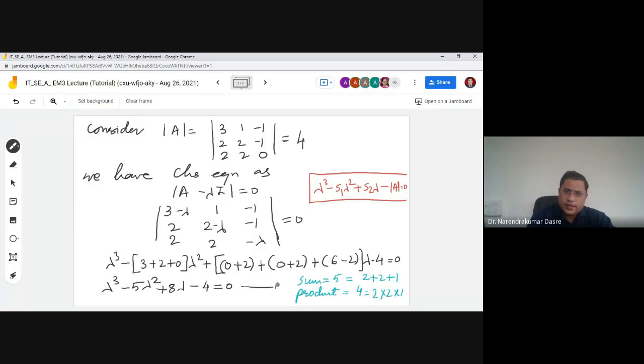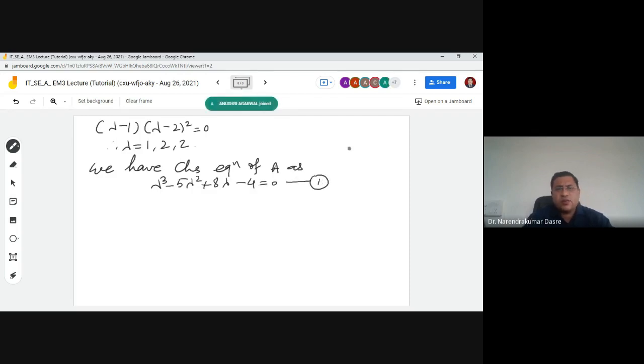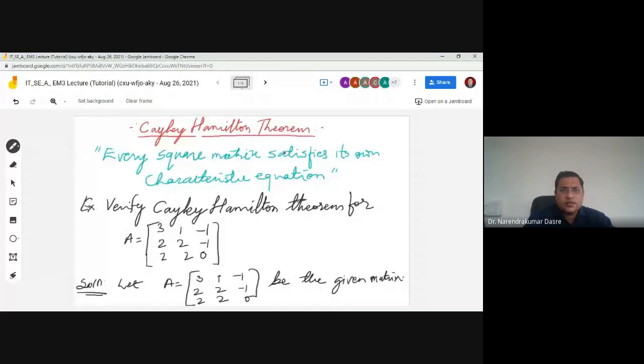Now I'll take this as equation 1. So what is the characteristic equation we have? Lambda cube minus 5 lambda square plus 8 lambda minus 4 is equal to 0. This is equation 1. Now what the Cayley-Hamilton theorem says, every square matrix satisfies its own characteristic equation.